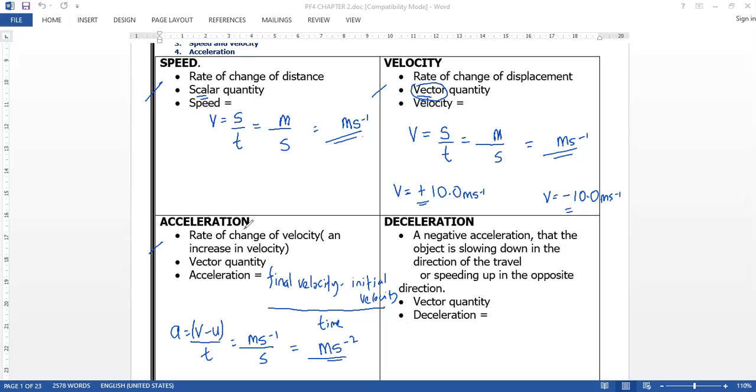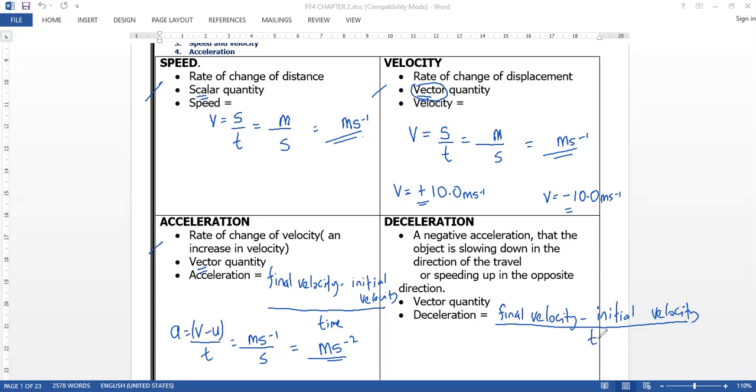In a common way, we'll say acceleration is an increase in velocity. It's a vector quantity. Deceleration normally refers to a decrease in velocity, but it's still the rate of change of velocity. So deceleration also has the same formula: final velocity minus initial velocity over the period of time.